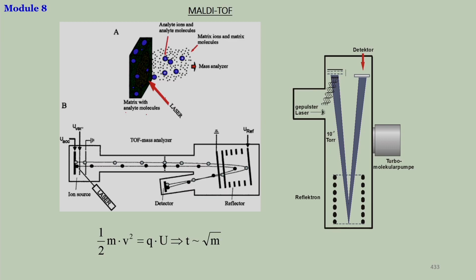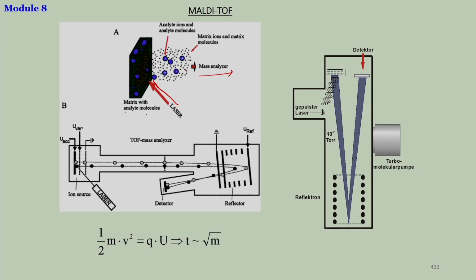So, matrix with analyte molecule, you shine a laser here, a laser will dissolve all the ions that are there, analyte ions and analyte molecules are coming out, and the matrix will also come out, but matrix will not matter, they have a very small mass, and those ions according to their time of flight will come out at different times, and then you can analyze their mass.